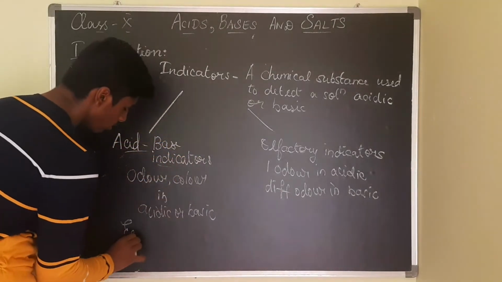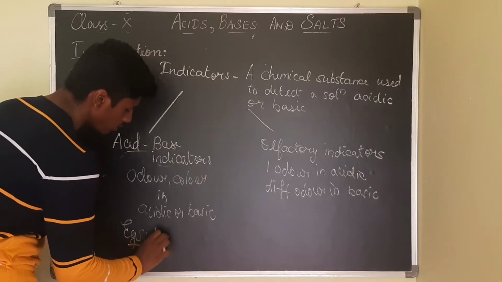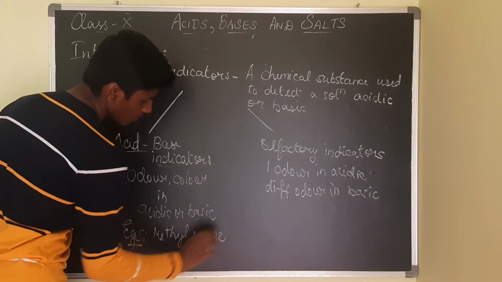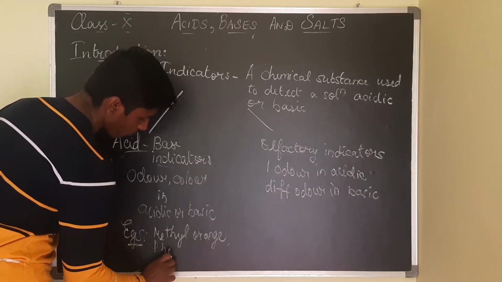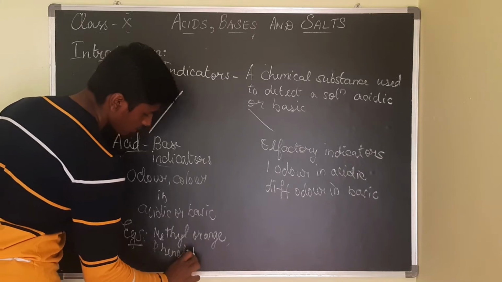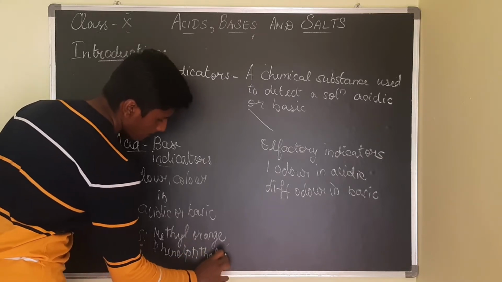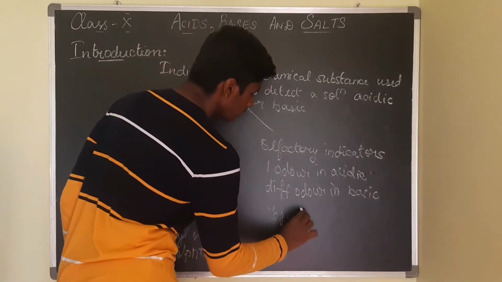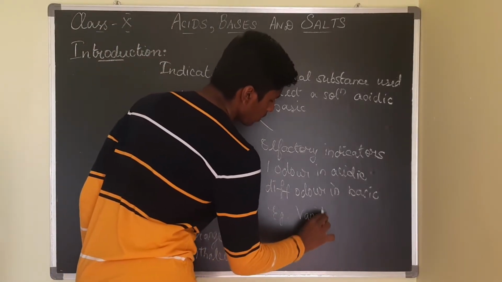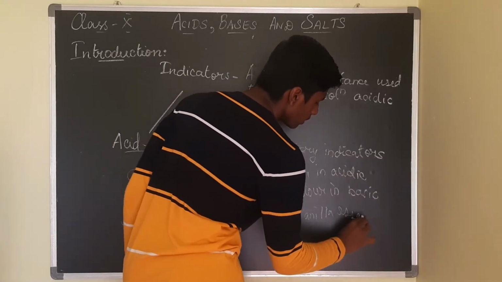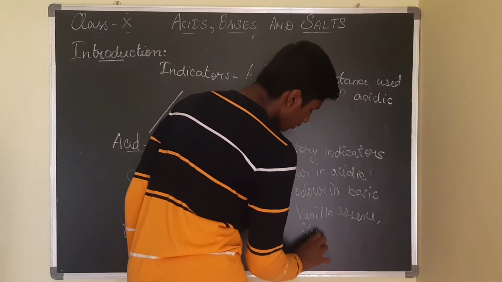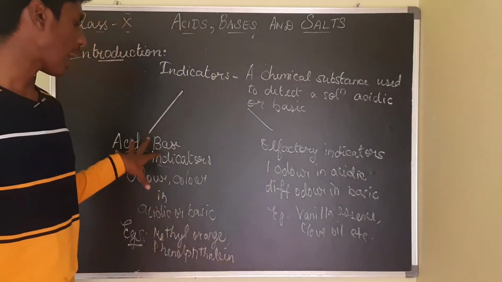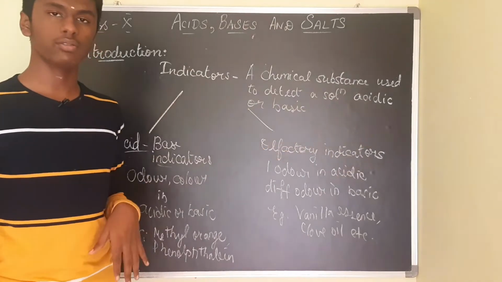Let us list them down. That is methyl orange, next phenolphthalein. Next, in olfactory indicators we have vanilla essence, clove oil and etc. So these are basically acid base indicators and olfactory indicators.